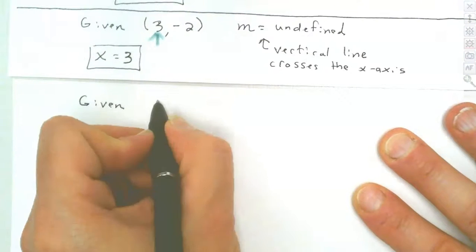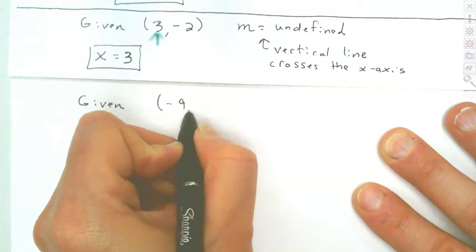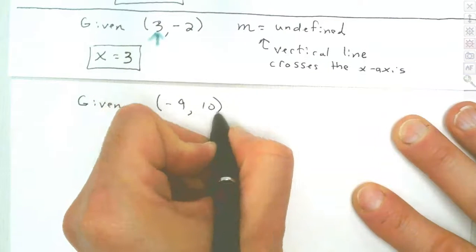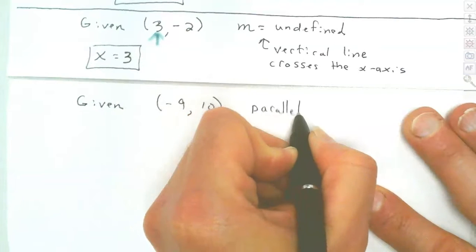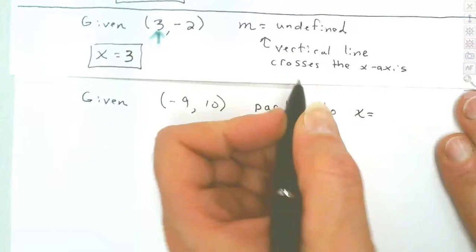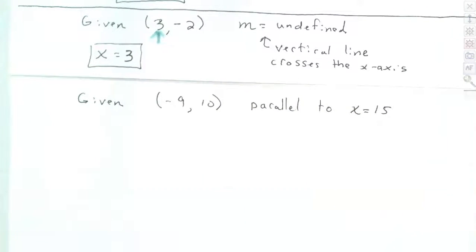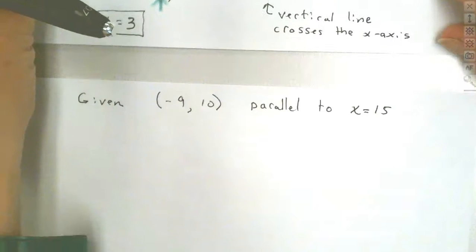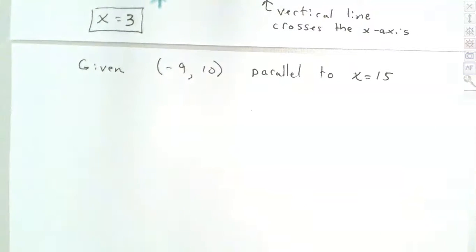So let's say you're given this ordered pair, -9, 10, and I want it to be parallel to the line x equals 15. There's no calculations involved in this.